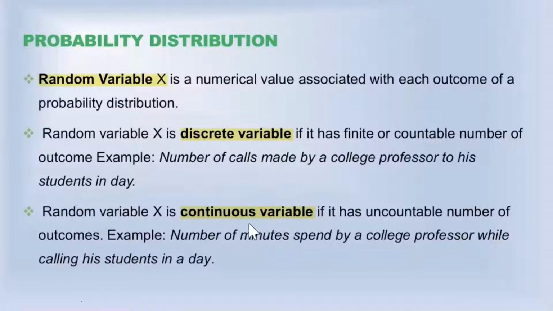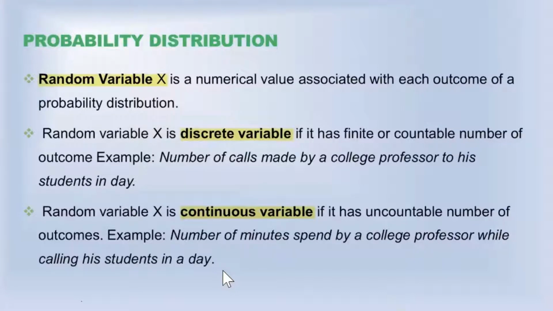The other one is called the continuous random variable. A random variable X is continuous if it has an uncountable number of outcomes. Let's take the same example, the number of calls made by a college professor to his students in a day, but a little differently: the number of minutes spent by the professor while calling his students in a day. It can be 2 minutes, but from 2 minutes we cannot say that he has just 3 minutes directly.